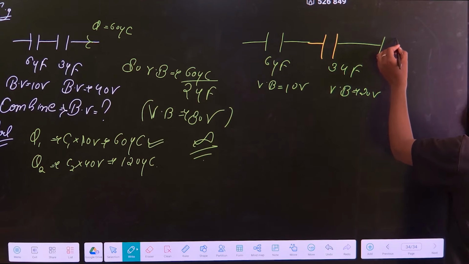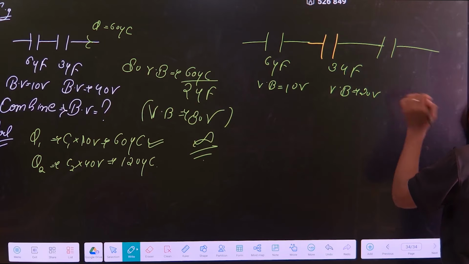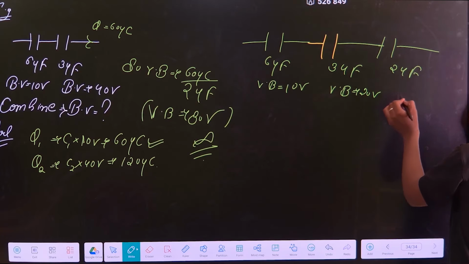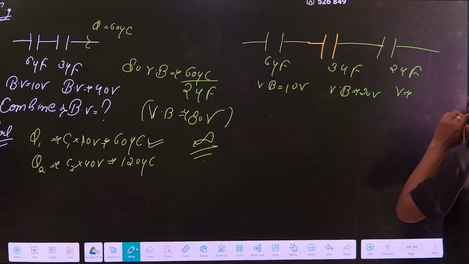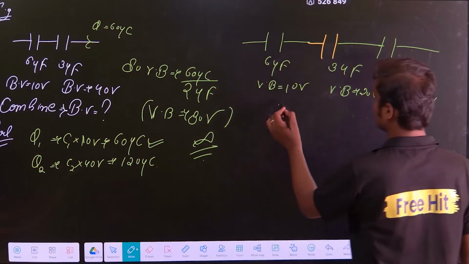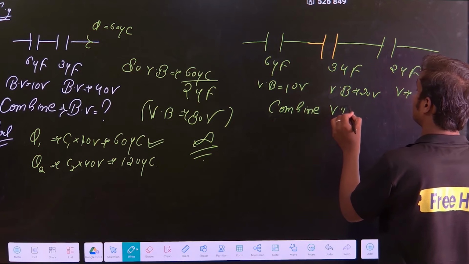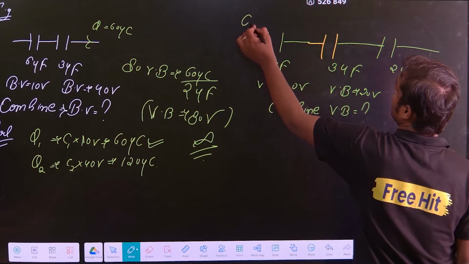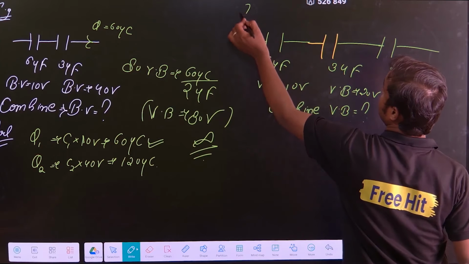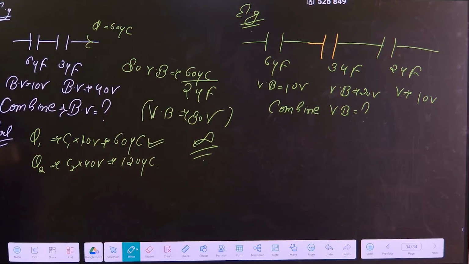And suppose this is 2 microfarad and the breakdown voltage is 10 volt. Now you tell me what is the combined BV. My question is again the same: what is the combined breakdown voltage? Can you tell?